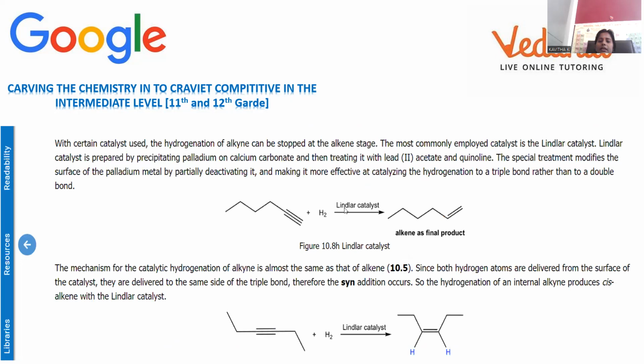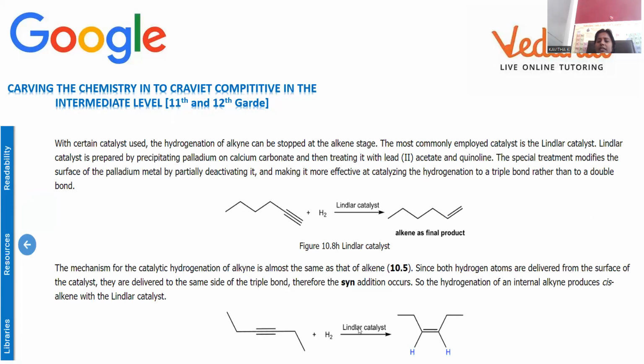Another reagent is the Lindlar catalyst, which is a combination of palladium and barium sulfate. Palladium is the metal, and barium sulfate is the kind of salt we can take. That reduces terminal alkynes also, which is not possible by Birch reduction. And here, central alkynes are also reduced by the Lindlar catalyst, with the possibility of cis.